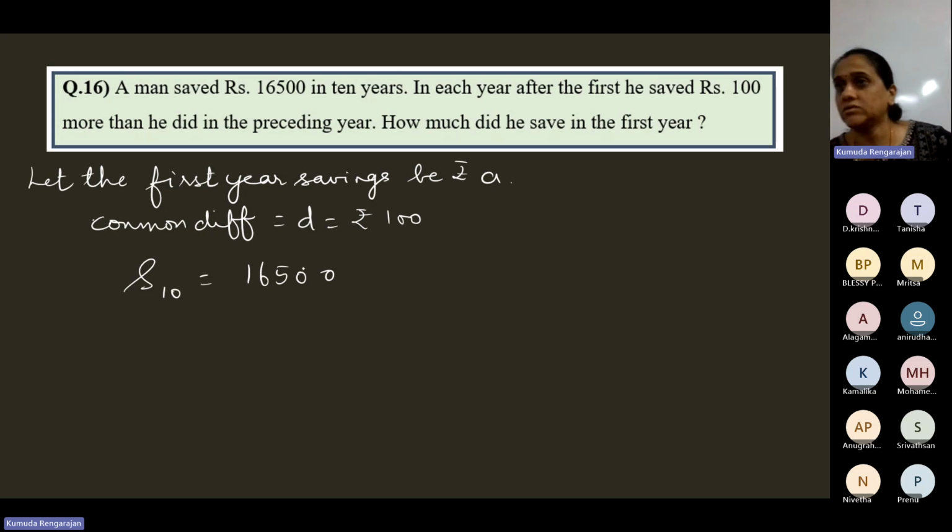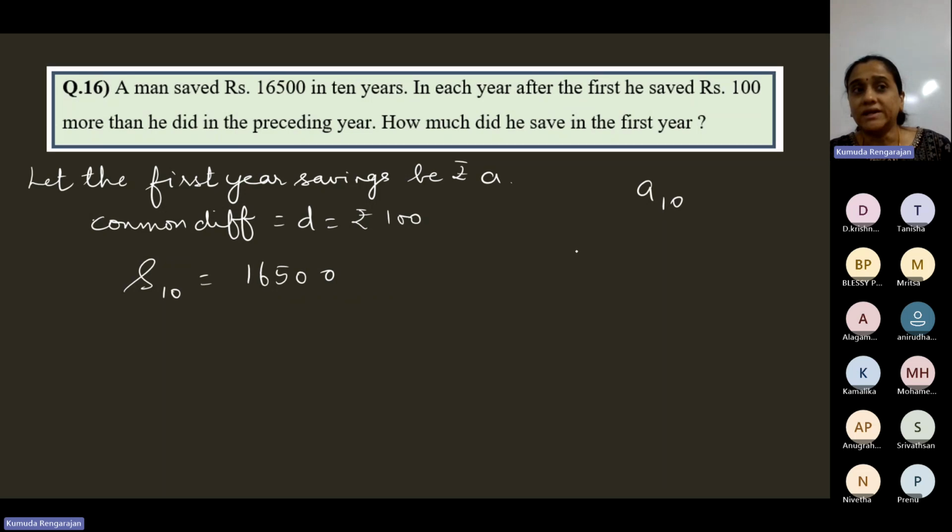So the total savings, the savings in all the 10 years, that is first year savings plus second year savings plus third year savings. The total savings is equal to 16,500. So it is not 810. What is 810? 810 will be the savings during the 10th year.